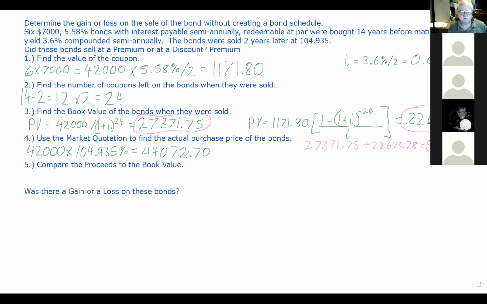The proceeds, which should be this, 50045.53, and the book value was our 22673.78. Let's see what that gives us.